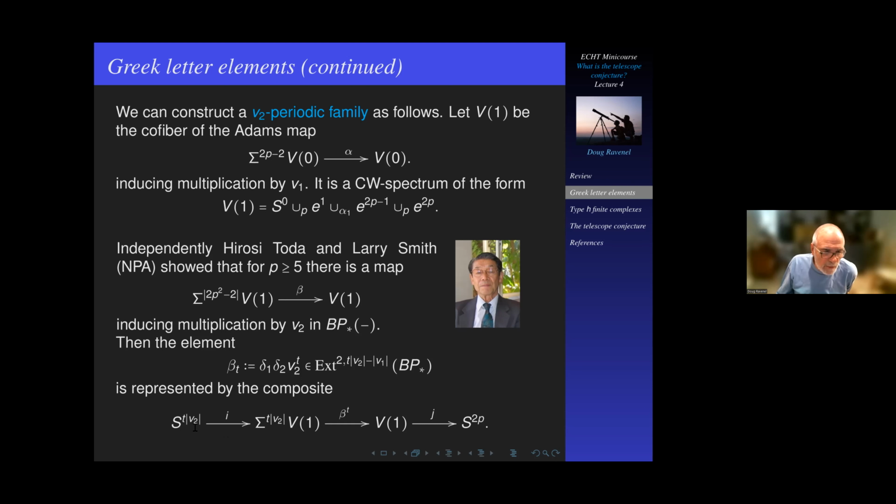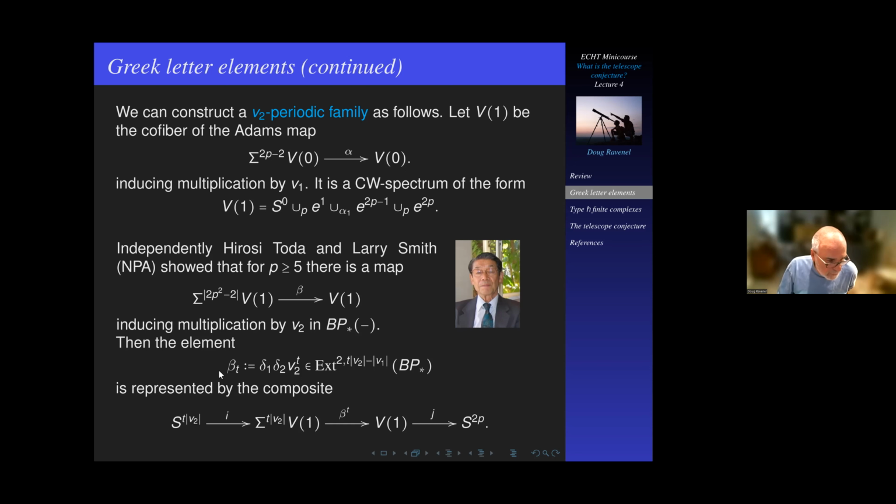Again, we precompose with the inclusion of the bottom cell into this CW complex, and we post-compose with the pinch map onto the top cell of this CW complex. The top cell is in dimension 2p. So when we compose them, we get a map from a sphere to a sphere, and this element is known as beta sub t. These elements are known to be non-trivial for all positive t. So this works if the prime is at least 5.